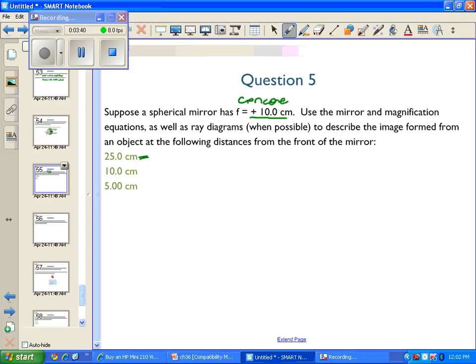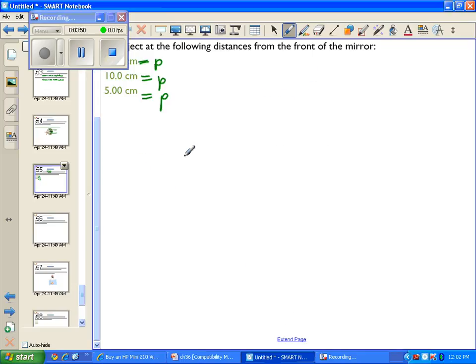So we've got p equals 25 centimeters, p equals 10 centimeters, p equals 5 centimeters. Well, let's go ahead first and use the mirror equations and magnification equations, then we can draw our ray diagrams.